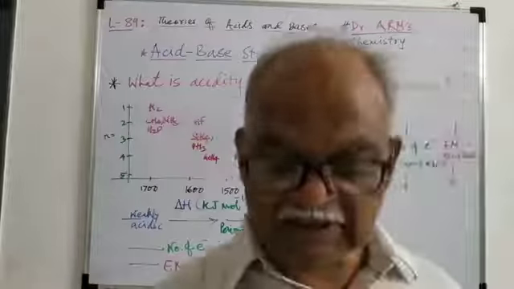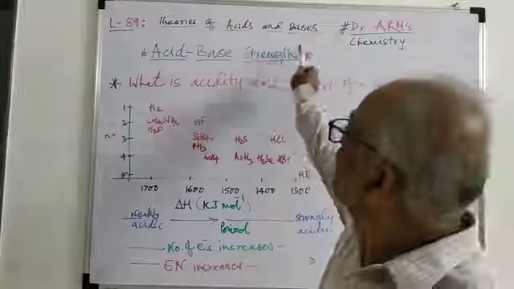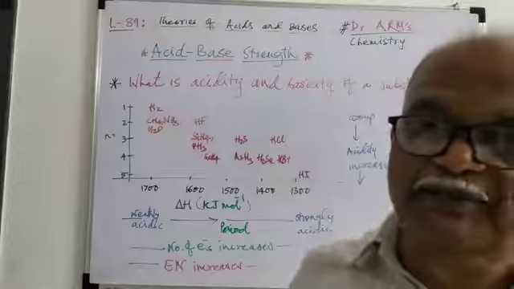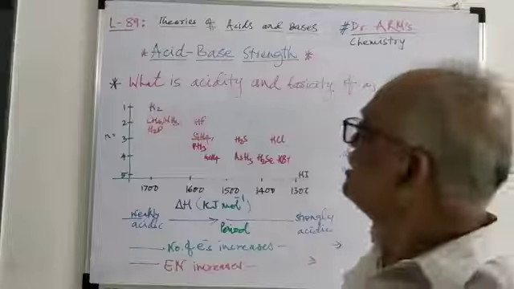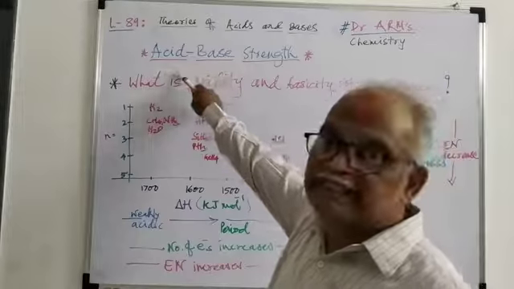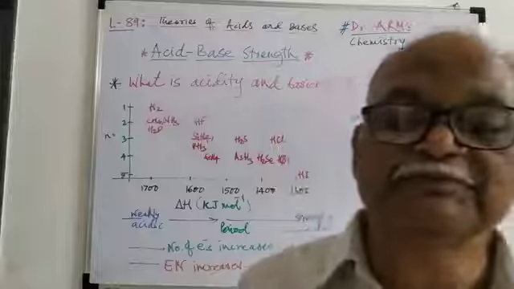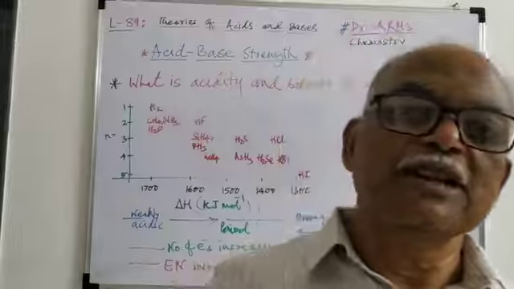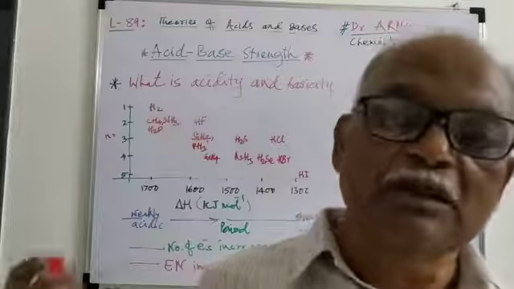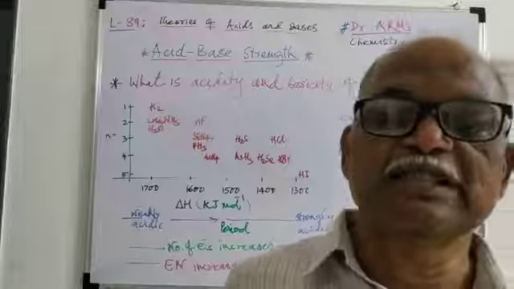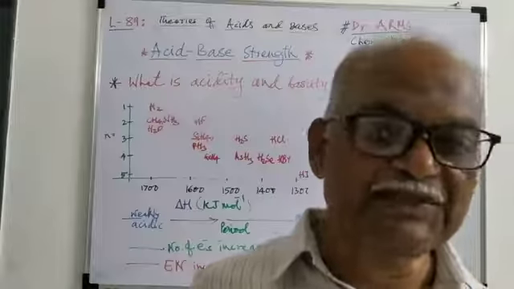We were discussing the theories of acids and bases. In this topic, we are presently concerned with acid-base strength, and by this time we have seen various factors or points which are concerned with the strength of acids and bases.